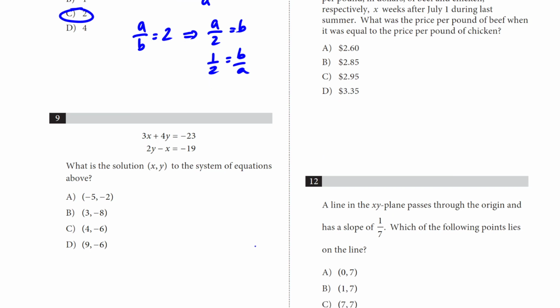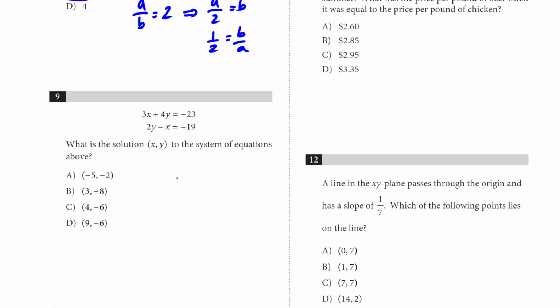What is the solution xy to the system of equations above? If I was lazy, I would just be plugging in these values right off the bat. But what I do see is that I can multiply the second one by 3, and then I can do some subtraction. So we're going to get 3x plus 4y equals negative 23.